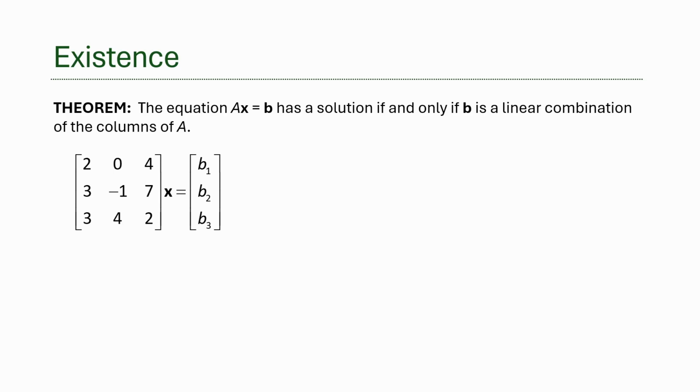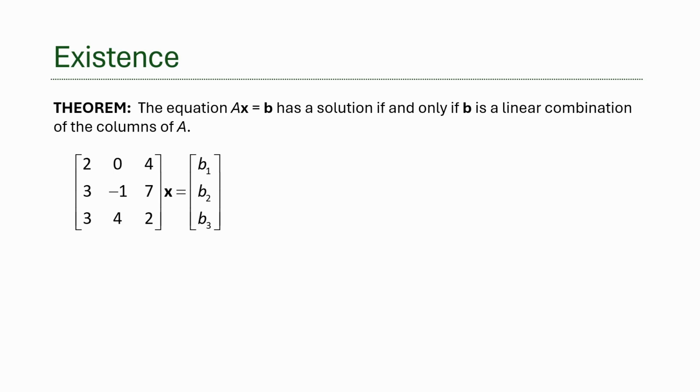Does the system of equations represented by the left-hand side have a solution for all possible values of that right-hand vector? No matter what values I put in there for B, does the equation have a solution? In general, the answer is going to be no. Sometimes yes, but not necessarily always.